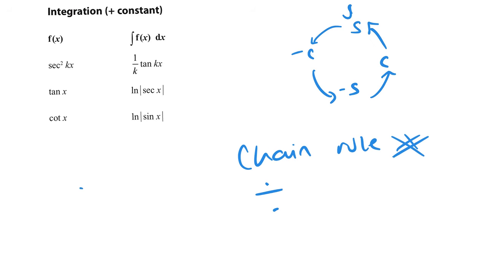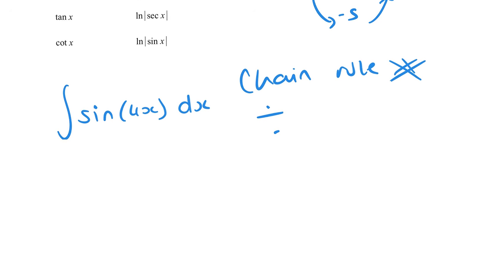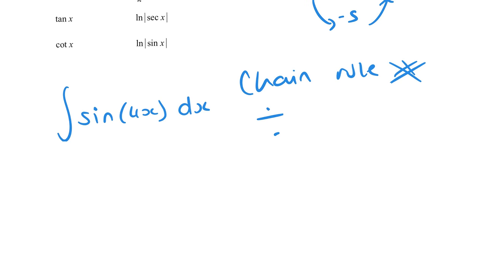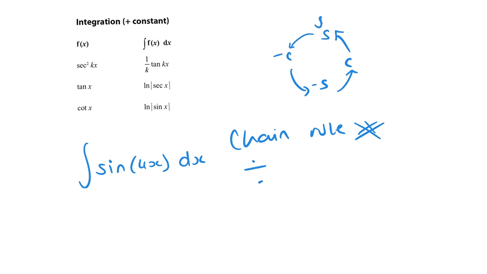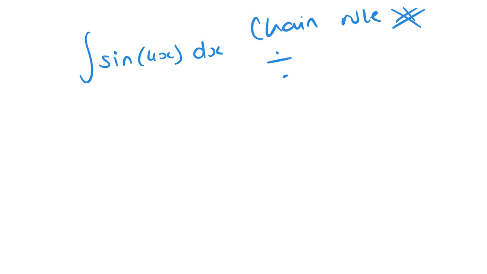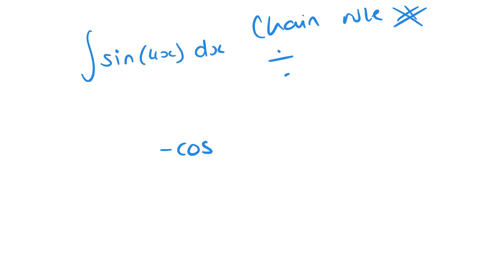So what I mean by that, for example, let's integrate sin 4x with respect to x. Sine integrates to minus cos, so that's minus cos of 4x. Now, 4x is chain rule, so I divide by the differential of that.